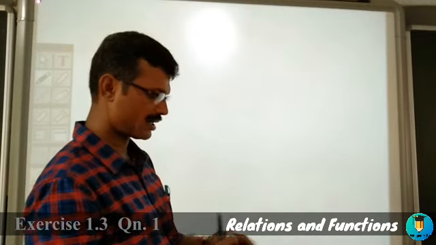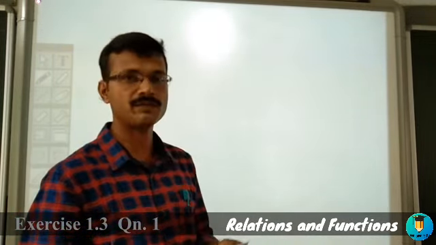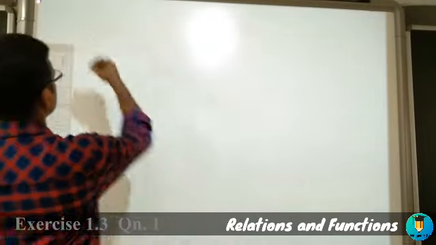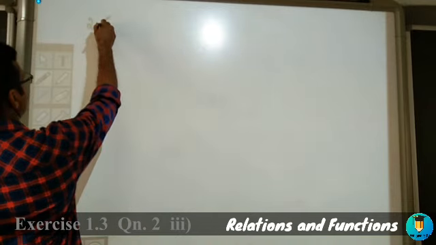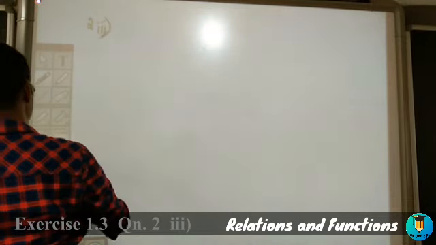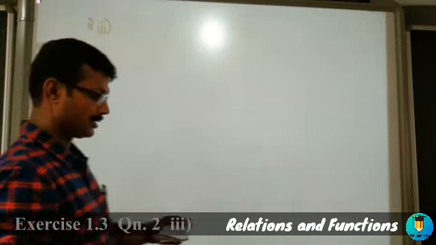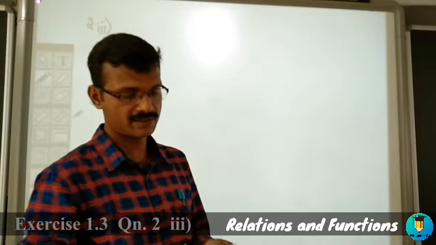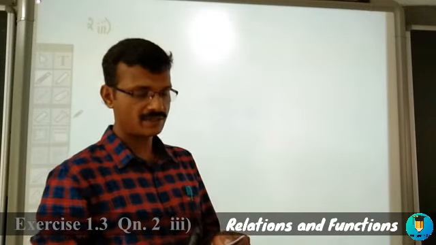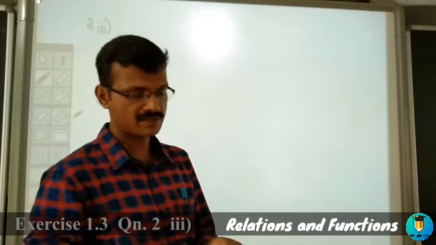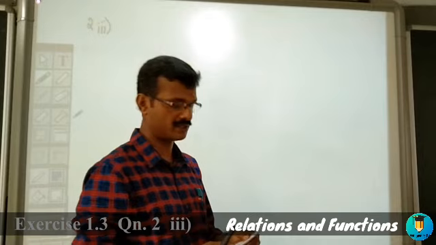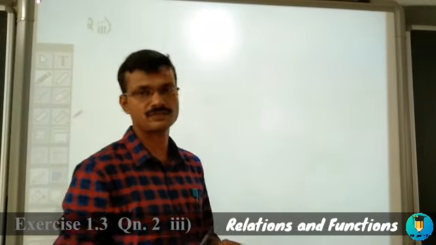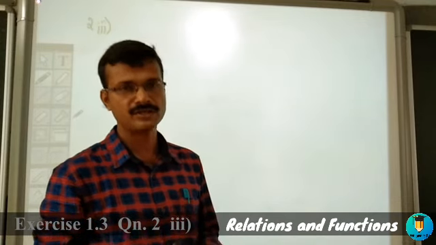Now let us try another question from exercise number 1.3, question number 2, third part. Here we have to check the injectivity and surjectivity of the function. That means we have to check whether the function is injective, which means one-one, and surjective, which means onto.